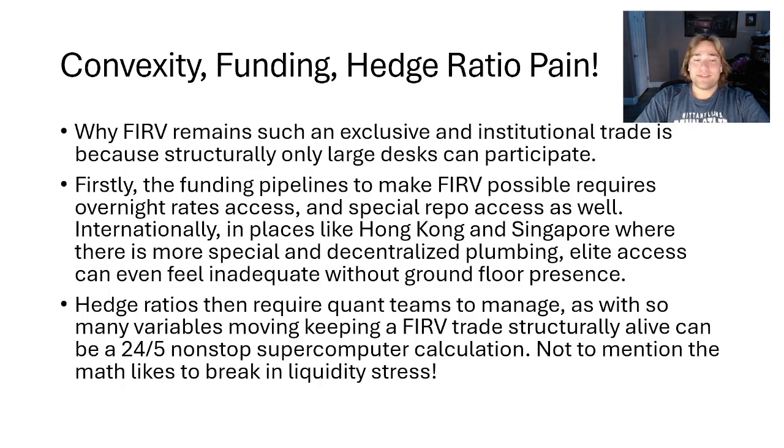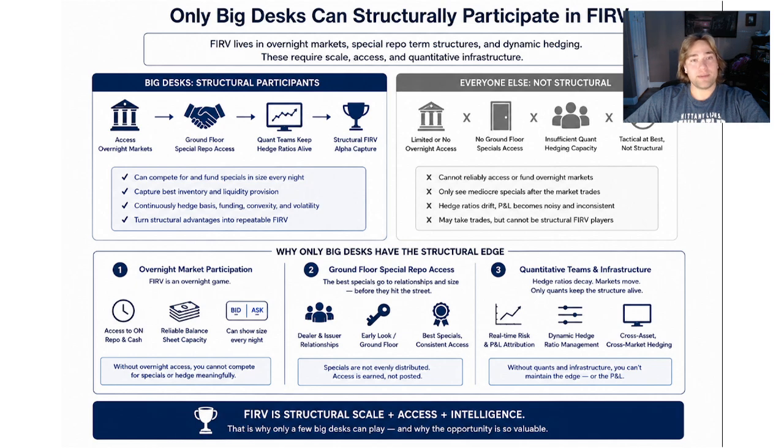Those require massive teams. It's not a clean math. You can't map it perfectly. There's a lot of just the market will move and you have to follow it. And if you don't have a serious quant team managing that hedge ratio, it doesn't matter how well your financing is, the trade will blow up, and sometimes painfully so on leverage. And this slide's just pretty much showing why big desks can participate.